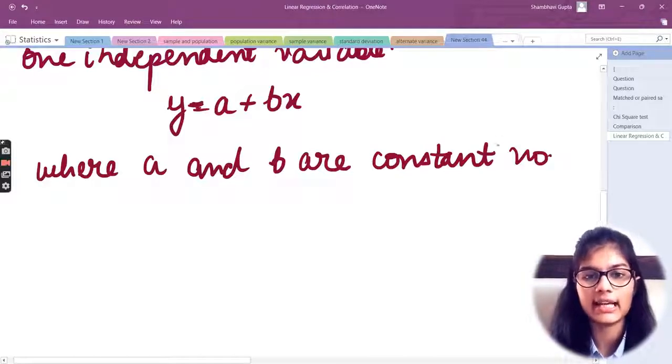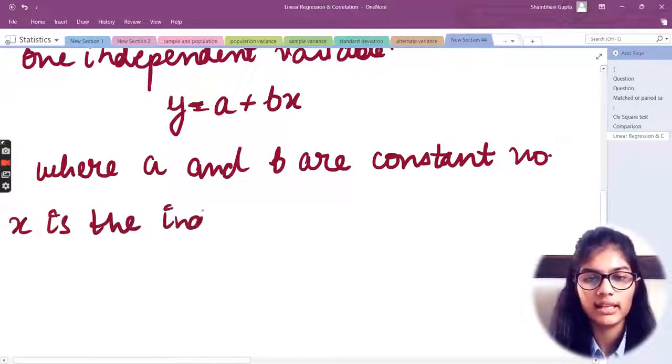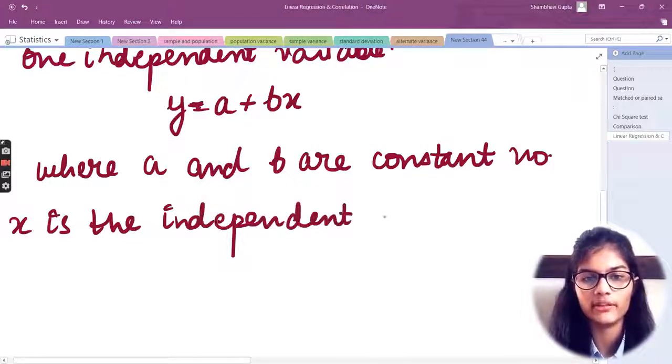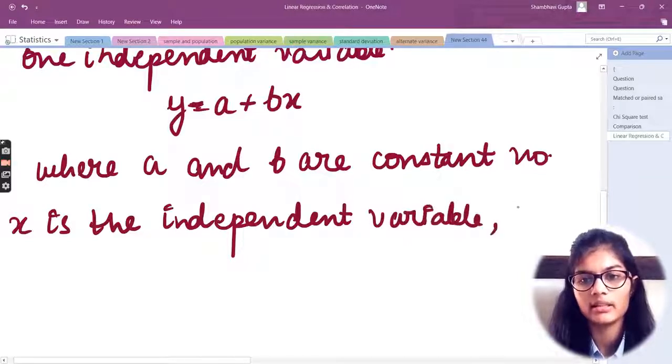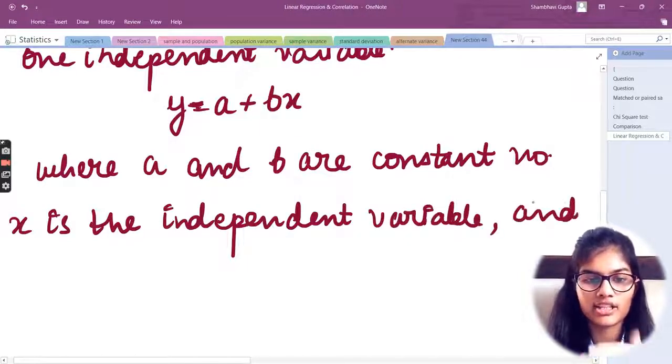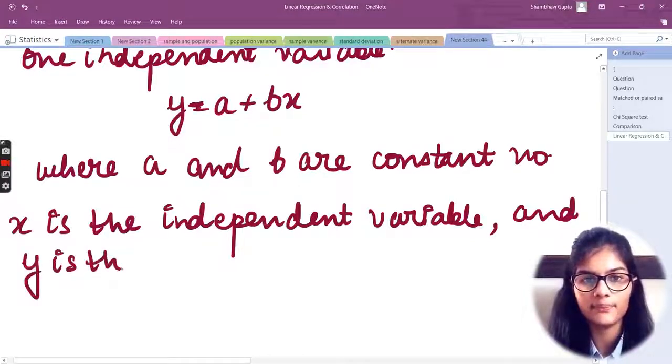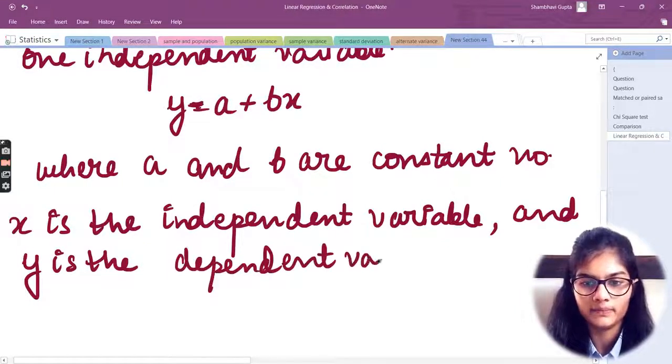Now I could mention that x is the independent variable and y is the dependent variable.